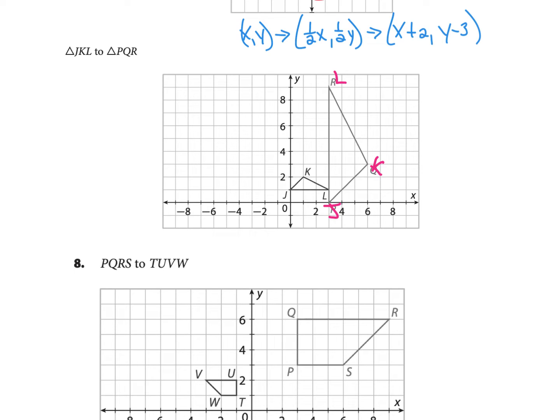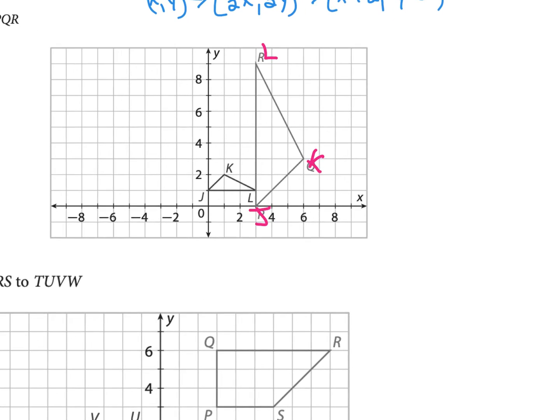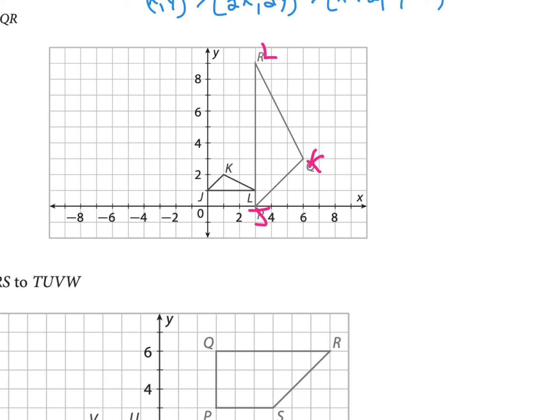I like them the same size also because sometimes they move when you make them bigger. So, we got 1, 2, 3 to 1 through 9. So it's the scale factor of 3.